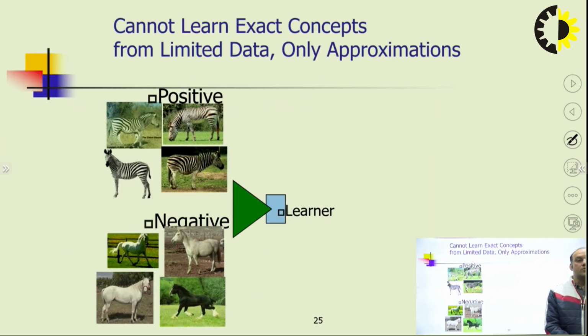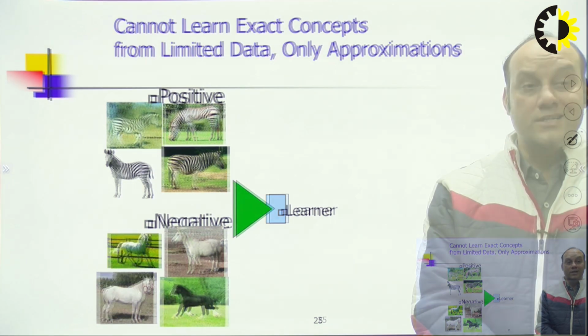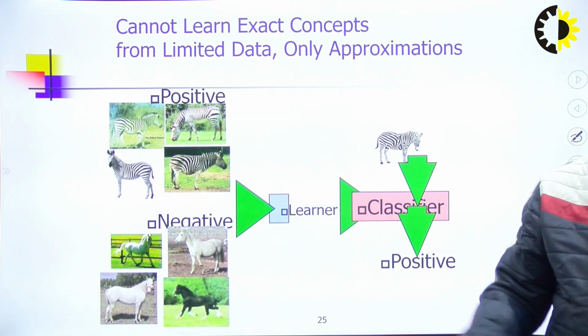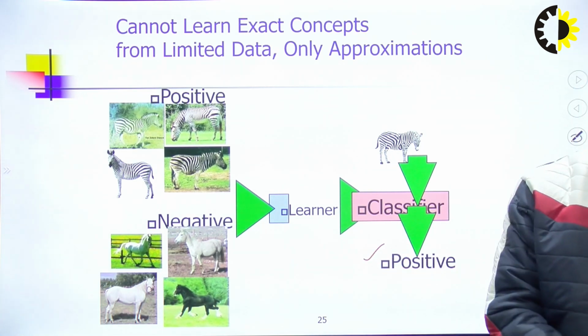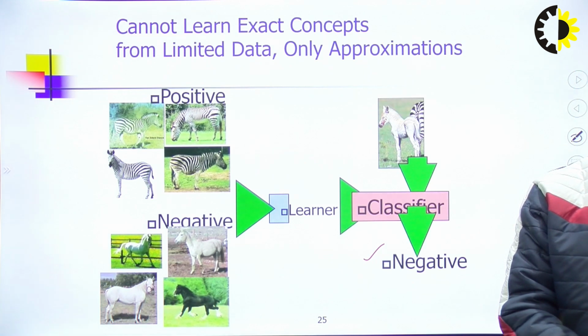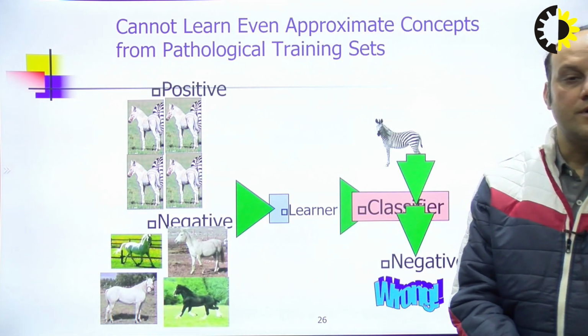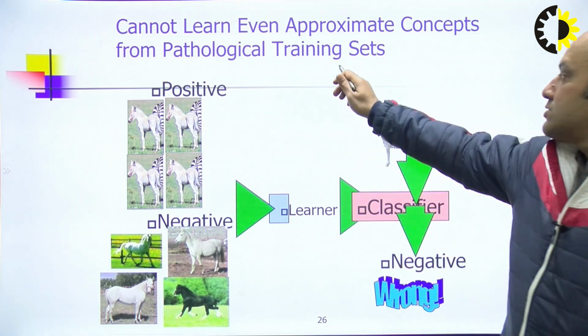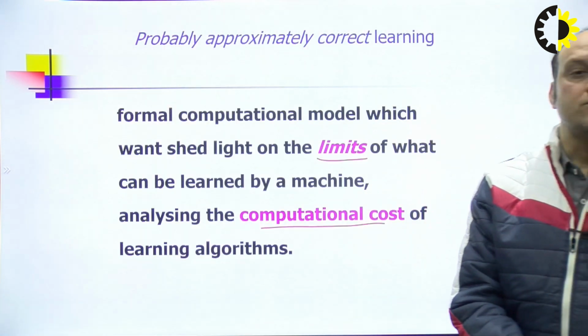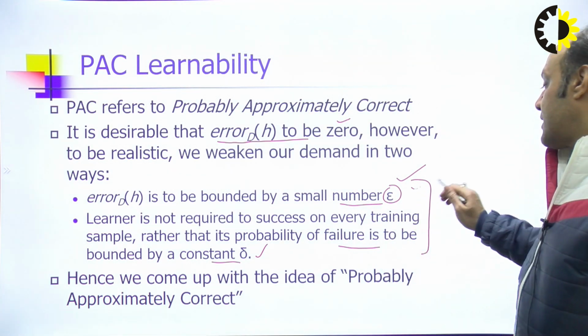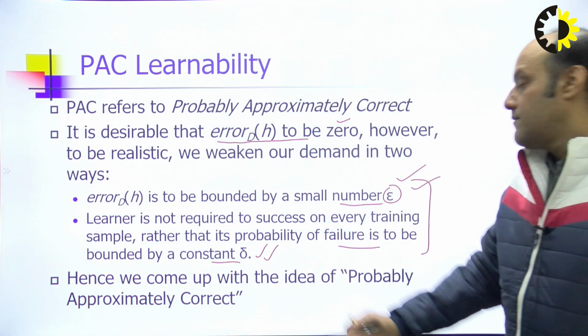We have shown it is not always necessary that by giving these examples we always get the positive example. It may be the case that we get a negative output also, on the basis of these pathological training sets. So for PAC learnability, we have to keep in mind these two factors, epsilon and delta.